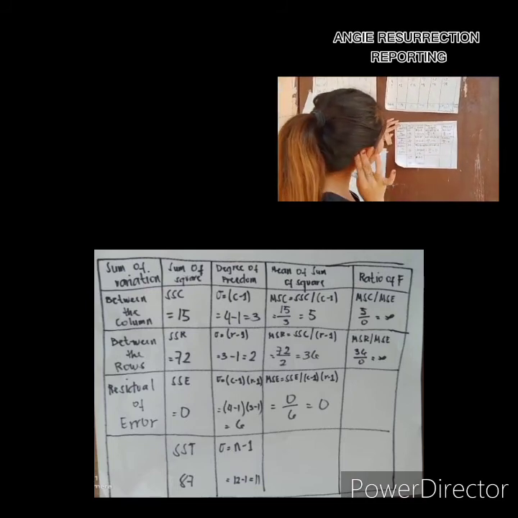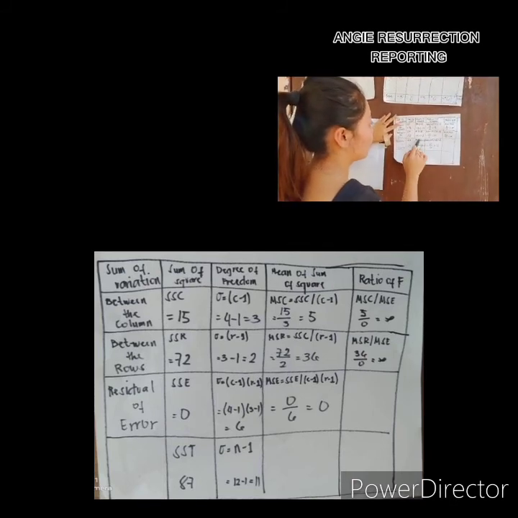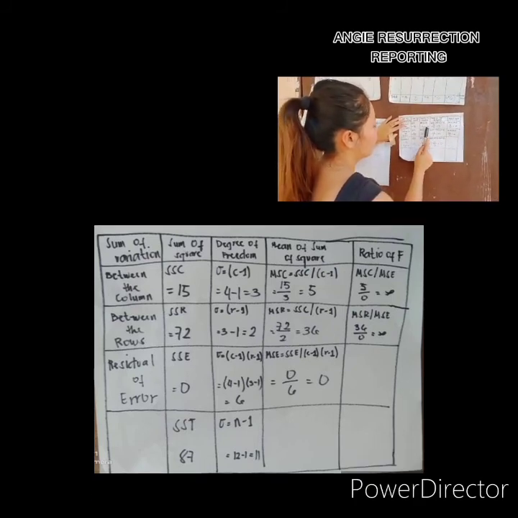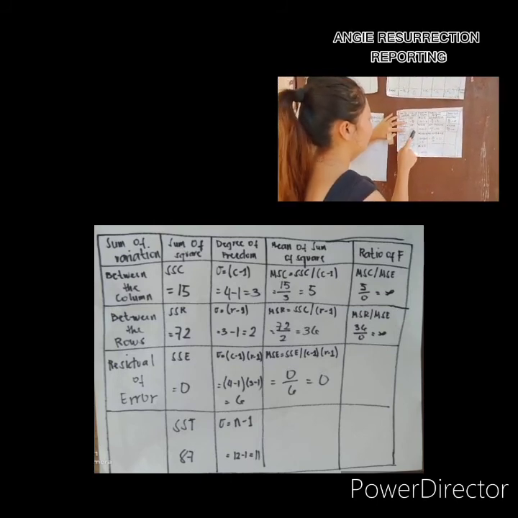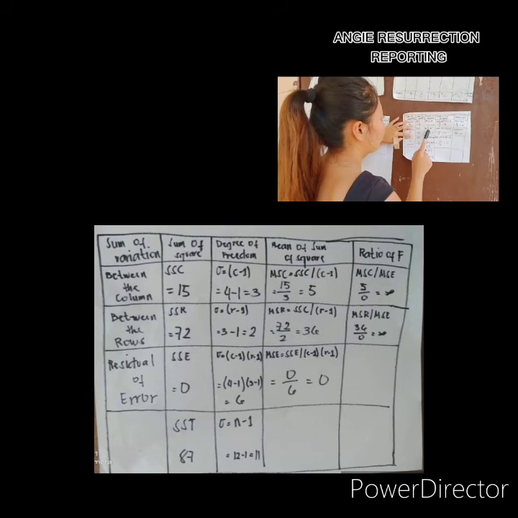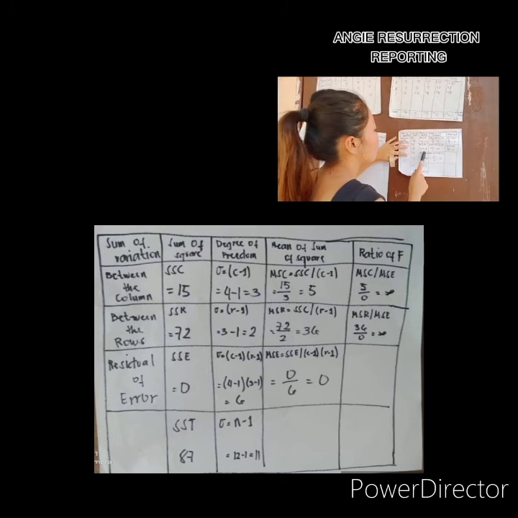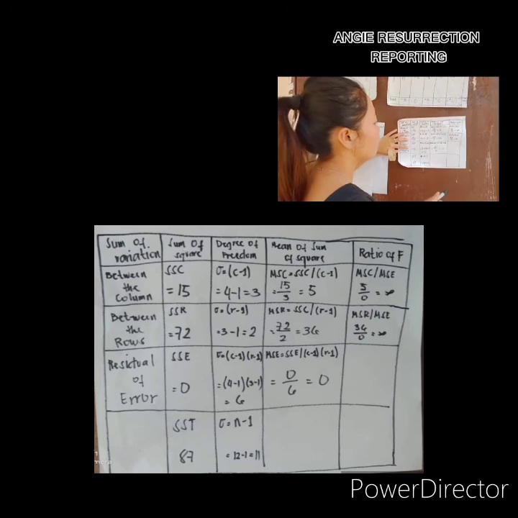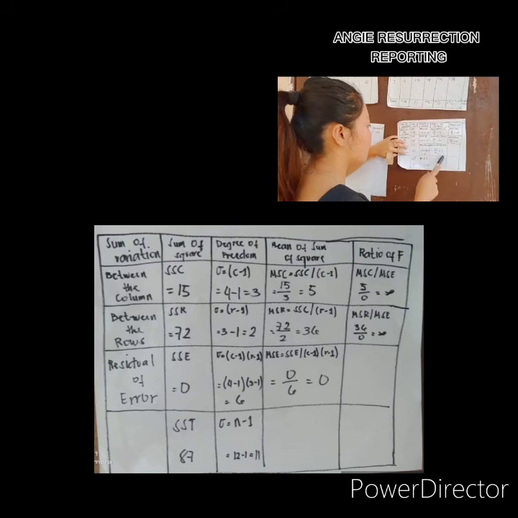MSC is equal to SSC over C minus 1, which is 15 over 3, equal to 5. Next, SSR is equal to 72. Then nu 2 is R minus 1, here 1, 2, 3, so 3 minus 1 is equal to 2. MSR is equal to SSR over R minus 1, 72 over 2, is equal to 36.